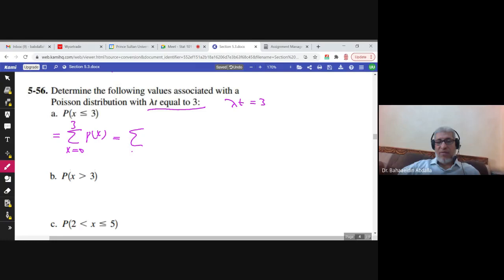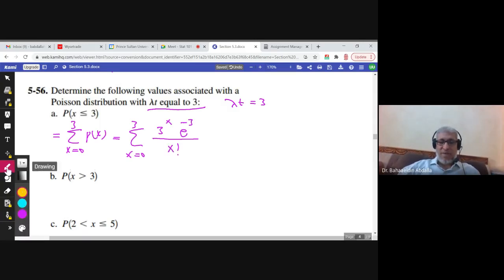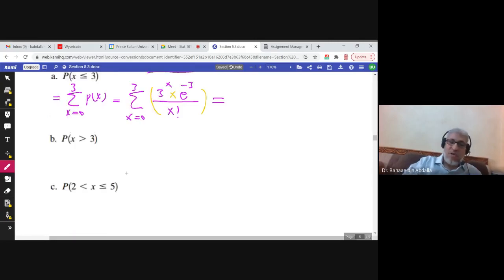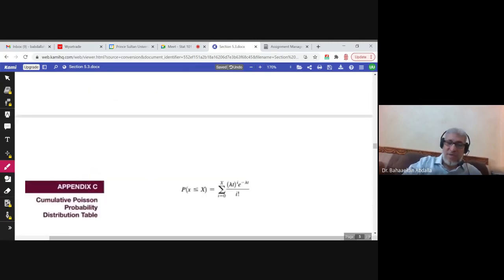The formula for the probability of x for a Poisson distribution: lambda t is 3, you raise it to the power x multiplied by e to the power negative 3 over x factorial. Remember, in the calculator, there is a product and there are parentheses here. Now you can find the answer from the calculator. Let me also show you now the Poisson distribution table.